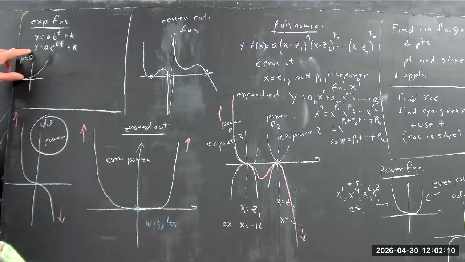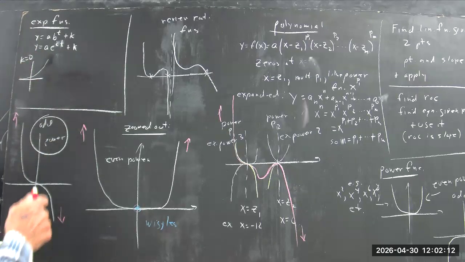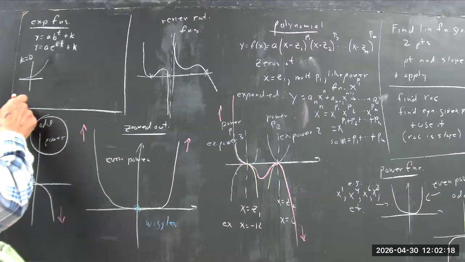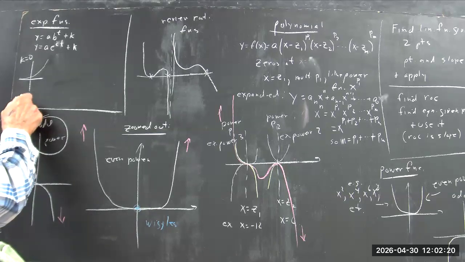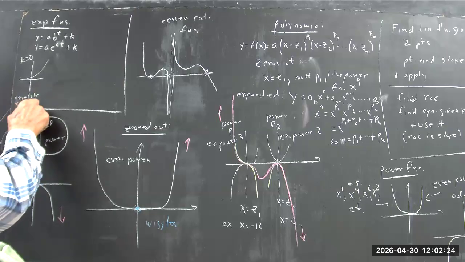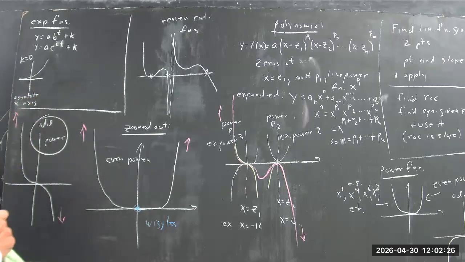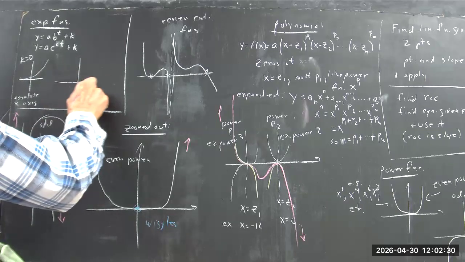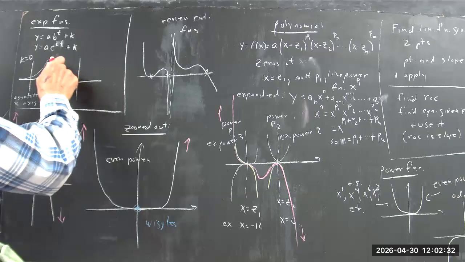There's no vertical shift. The asymptote is at the x-axis. There are all kinds of things I can do with these graphs.